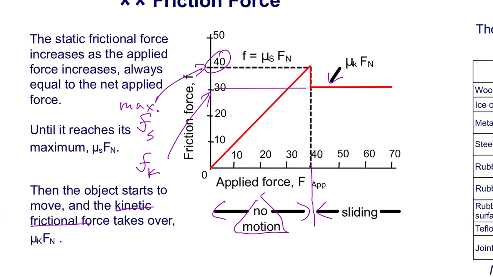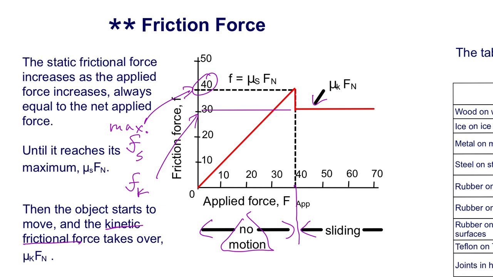Okay, so here, this graph is kind of an important graph. If here's an object, and I keep on increasing the applied force right here. That's on the x-axis. I keep on increasing it. And this red line right here, then, it doesn't move.